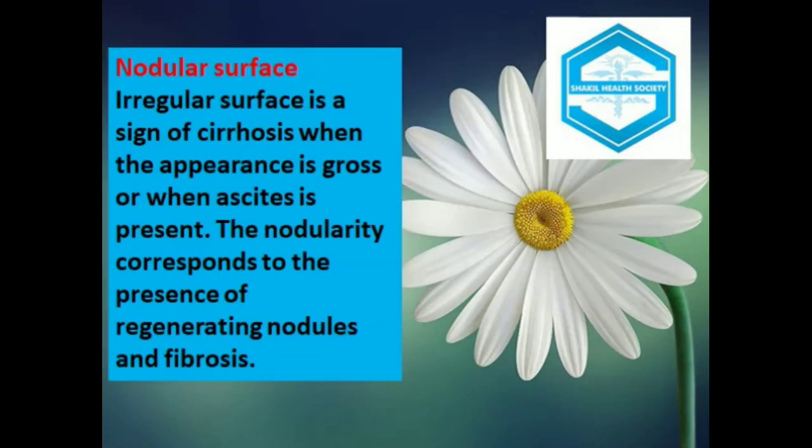Nodular surface: an irregular surface is a sign of cirrhosis when the appearance is gross or when ascites is present. The nodularity corresponds to the presence of regenerating nodules and fibrosis.